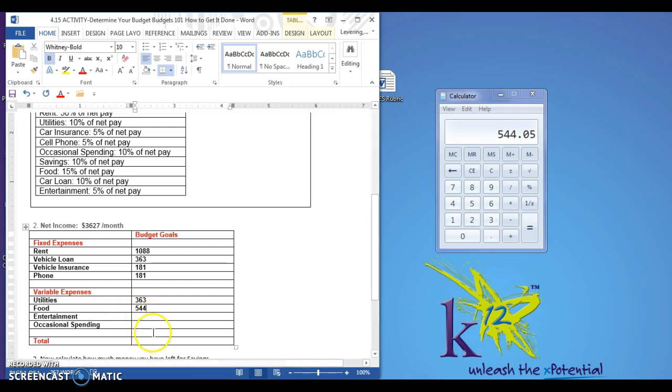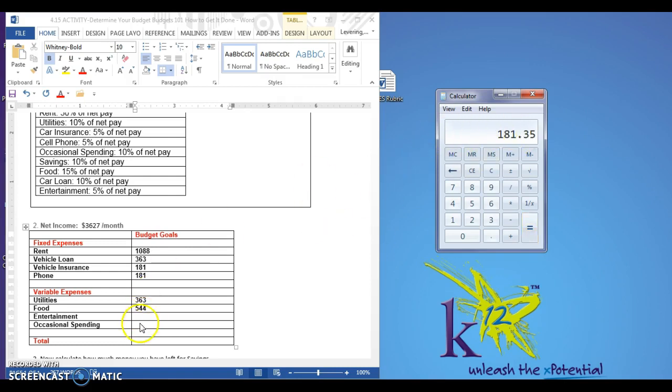Entertainment, they suggest 5%. So I'm going to multiply that times 0.05. 0.5 and 0.05 are considerably different.